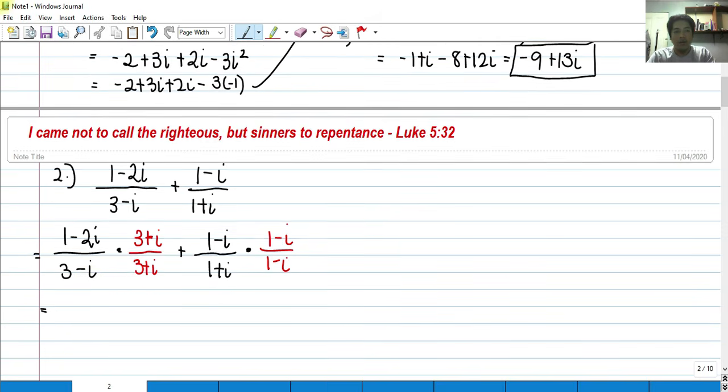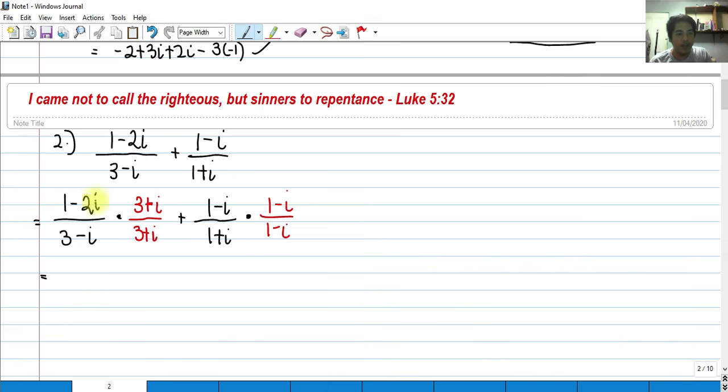So what are we going to do? Numerator times numerator. Let me just rewrite this. We have first, that is 3. Outer, that's 1 times i, that's plus i. Inner, we have negative 2i times 3, that is negative 6i. And last, we have negative 2i squared.